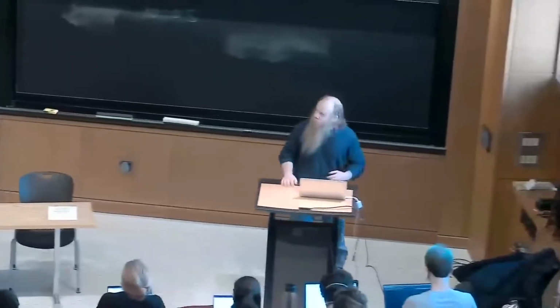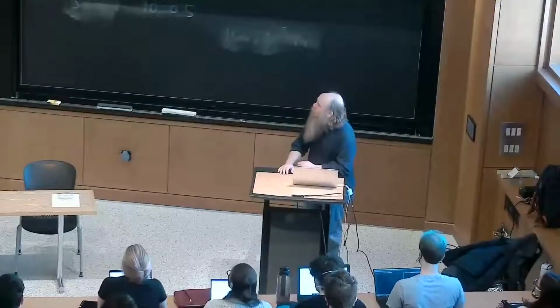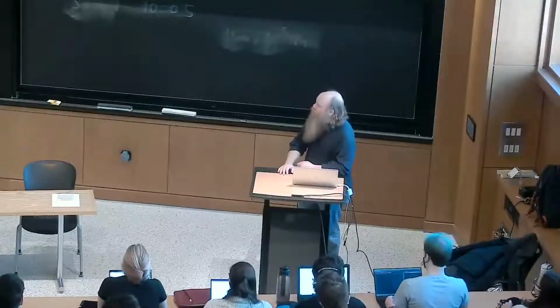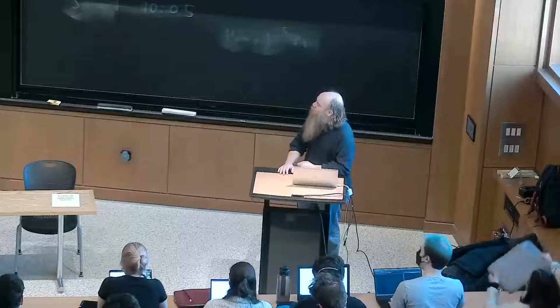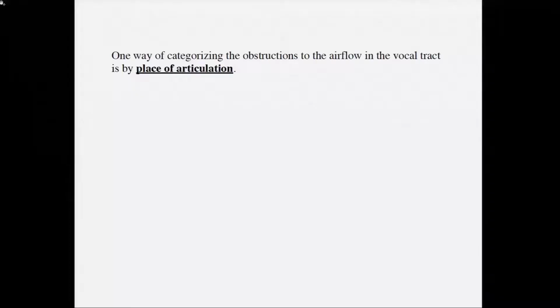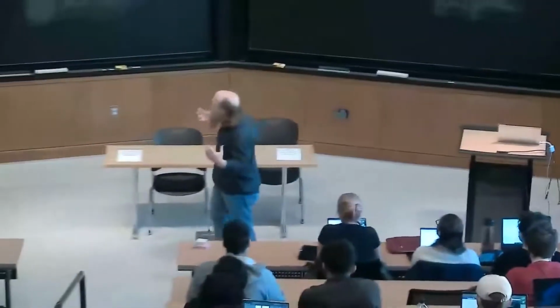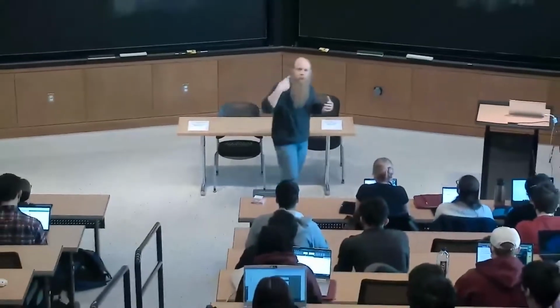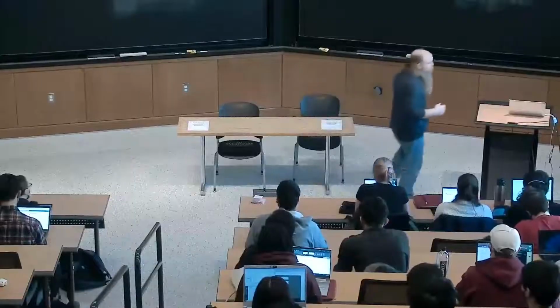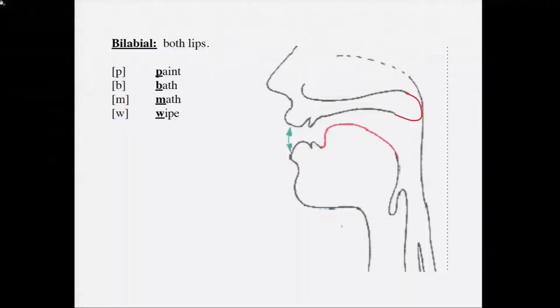So one standard way of talking about different kinds of speech sounds is to talk about where in the vocal tract the flow of air can get obstructed and how. So first we'll talk about where. One way of categorizing the various things that your vocal tract does to the airflow is by what's called place of articulation. That is, where in your vocal tract is the flow of air getting obstructed.